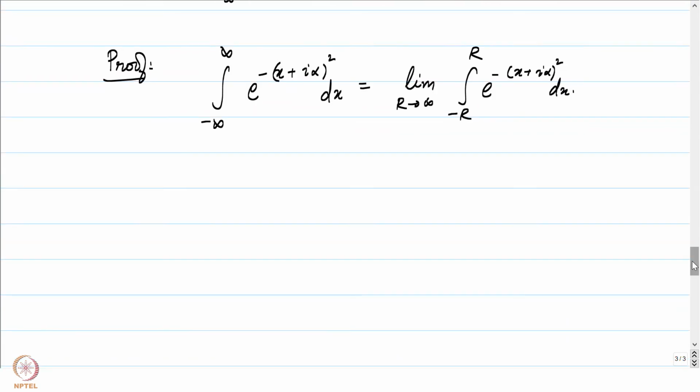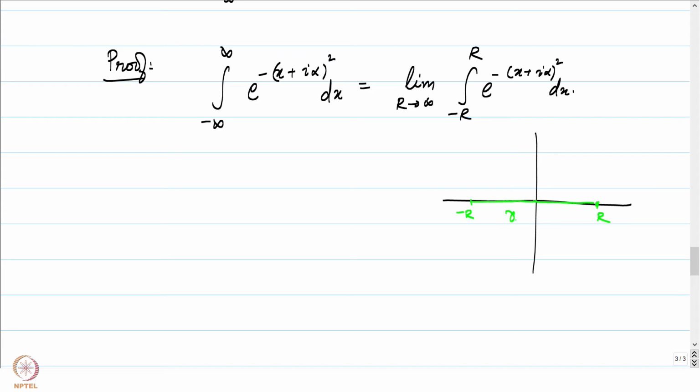Let's again draw a picture on the complex plane as to what we would like to do. The green curve is where we would like to compute our integral over.